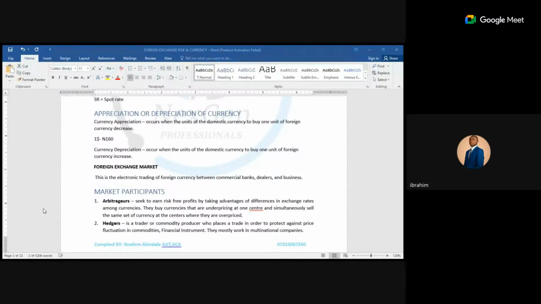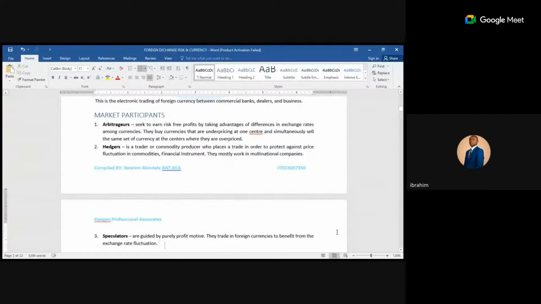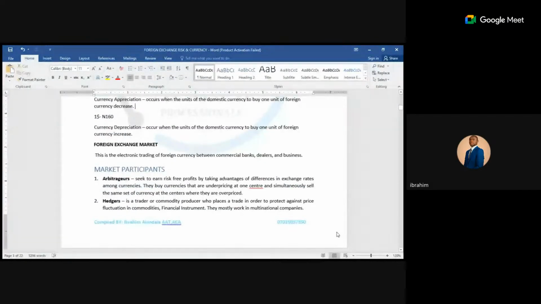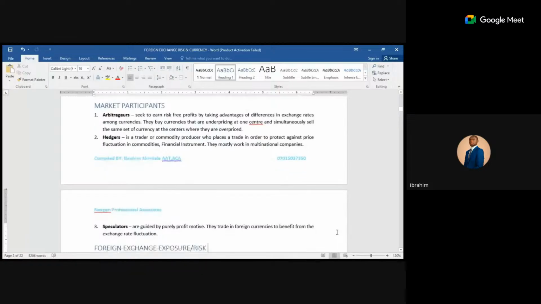But you need to understand the definition of spot rate, the forward rate, the direct quote and indirect quote, and understand when a currency is appreciating or depreciating, right? So we have the market participants: hedgers and speculators. Those guys are market participants. There are some guys, that is what they do.